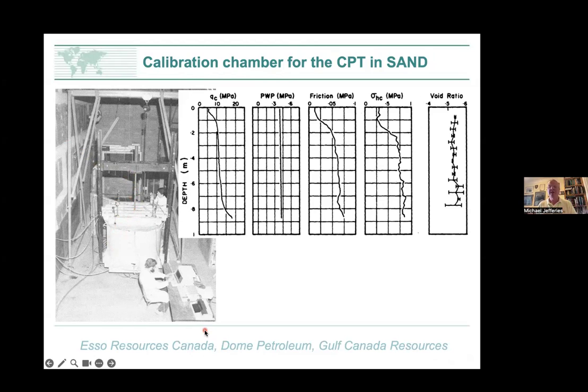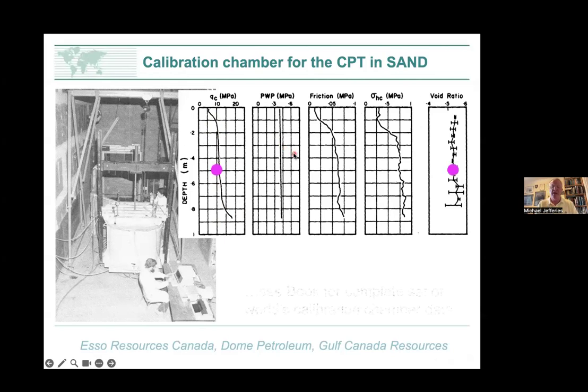When I do it, I get the measurements you're shown here. This was actually a lateral stress cone where we're measuring the lateral stress on the friction sleeve as well. And what you can see here is when we first go in, there's an effect of the top boundary, and down the bottom, we're seeing the effect of the bottom steel plate. But in the middle here, we have sensibly constant readings.